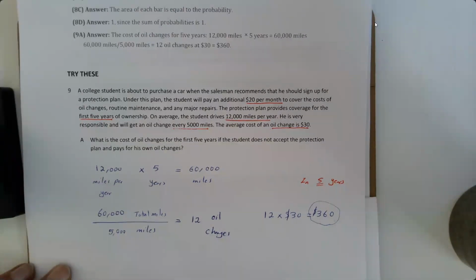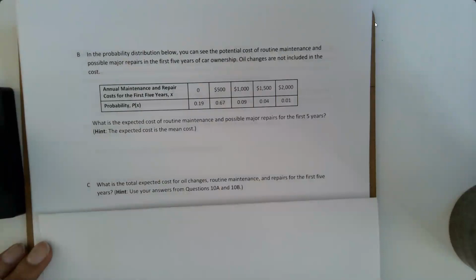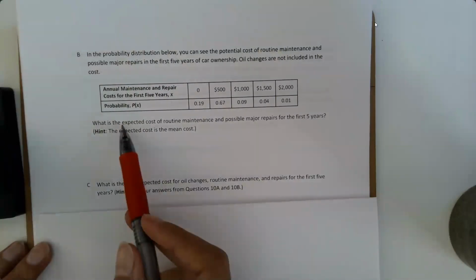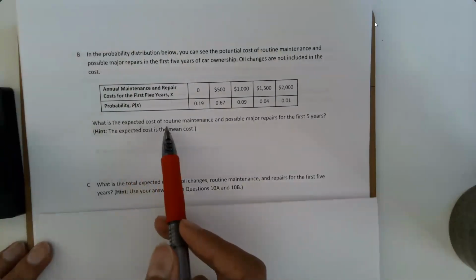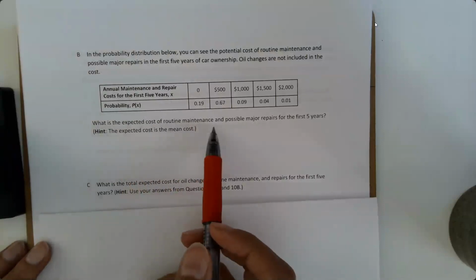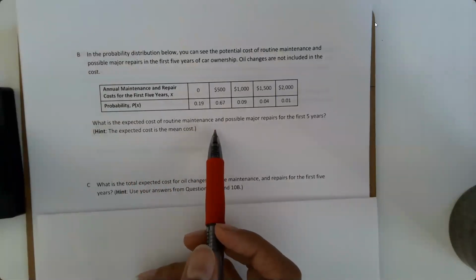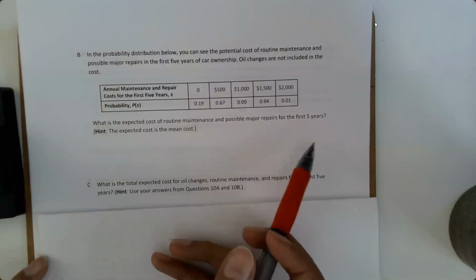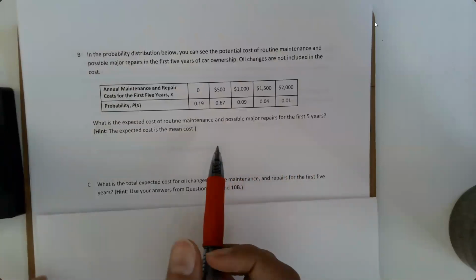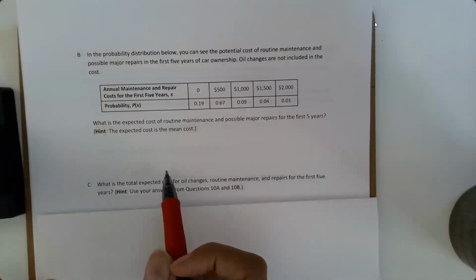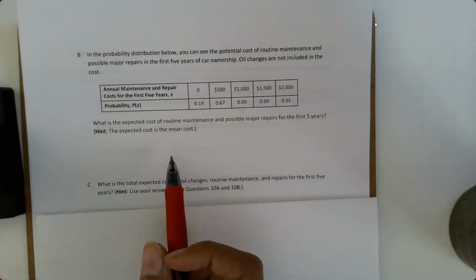Now we are interested in calculating the average cost of routine maintenance and possible major repairs for the first 5 years. It helps us to make an informed decision to accept the $20 cost per month or not.